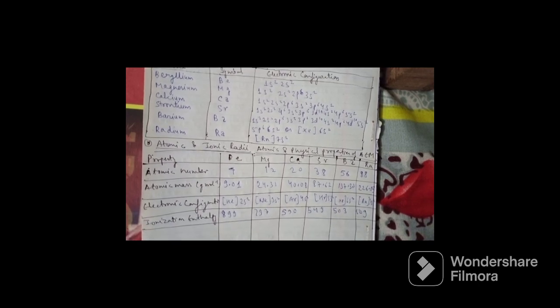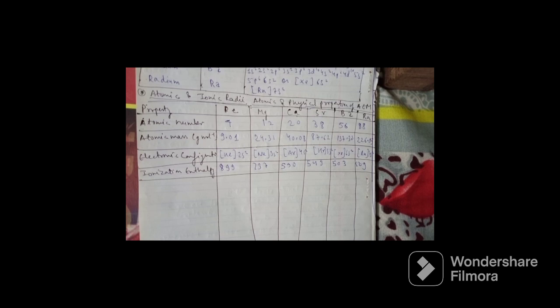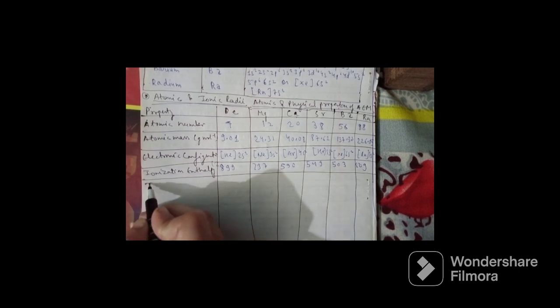These were the ionization enthalpies of each and every element that we had discussed in the alkaline earth metals. Now we'll go for another property after ionization enthalpy 1, and we'll discuss ionization enthalpy 2.